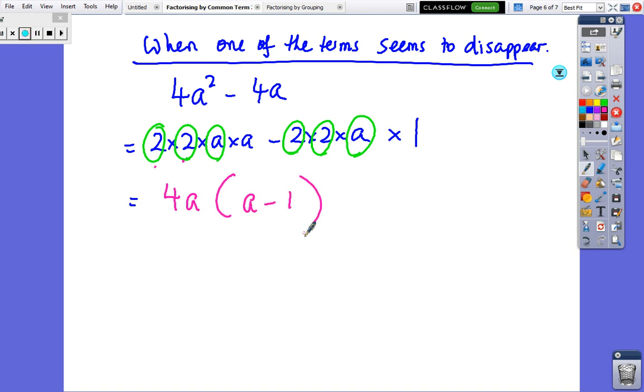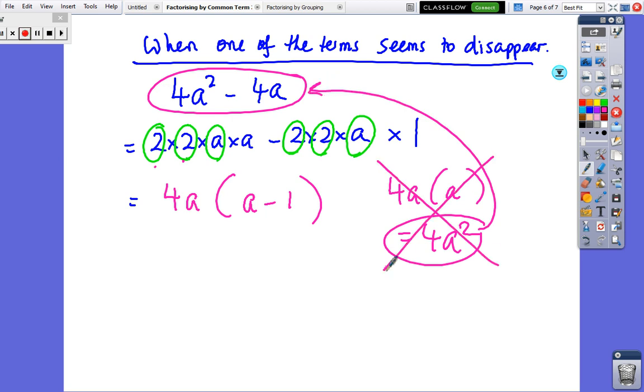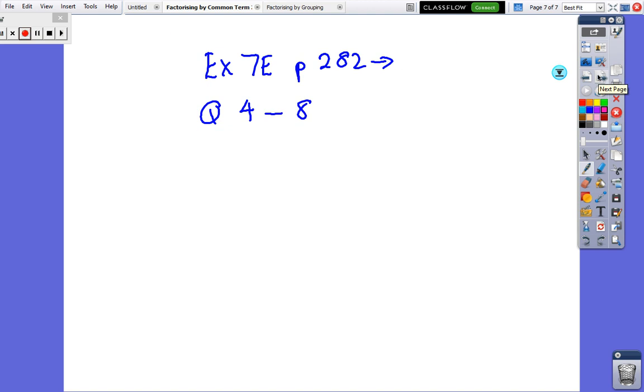If you don't leave a 1 behind, if you just had 4a bracket a and you had nothing left, you get 4a squared, but the question doesn't match, so that means that's wrong, so you have to leave a 1 behind. Okay, so that's one of the other tricks, and there's an exercise to do, and that's basically the lesson. So thanks for coming.